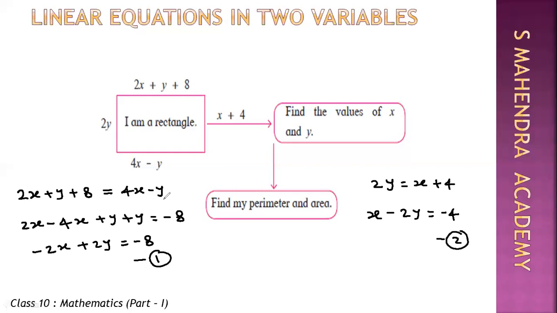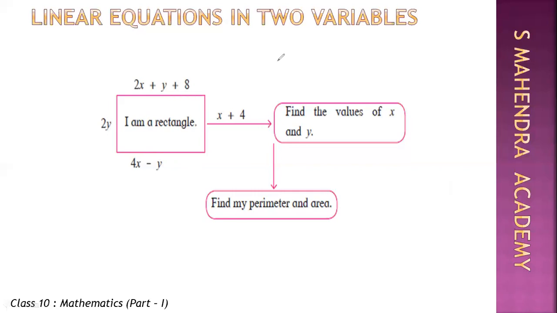So we have to find out the perimeter and the area of this rectangle. Before that, we must know the dimensions of this rectangle, so first we have to solve the simultaneous equations for the variables x and y.